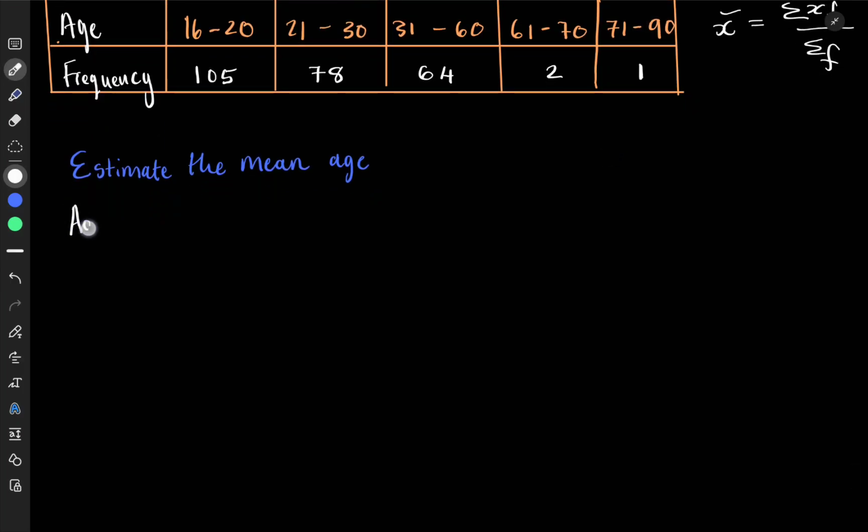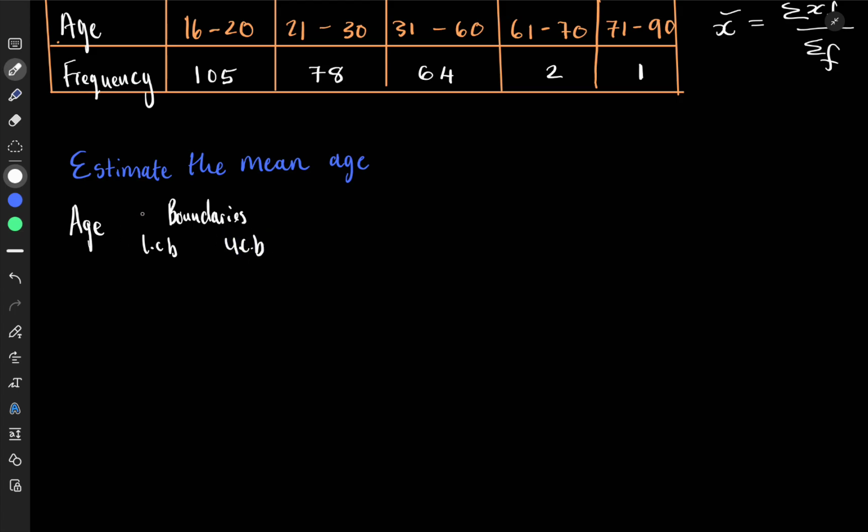And here's my table. It's going to say age, right? I'll put my age again. Then here I'm going to say interval boundaries. I would have my lower class boundary and my upper class boundary.